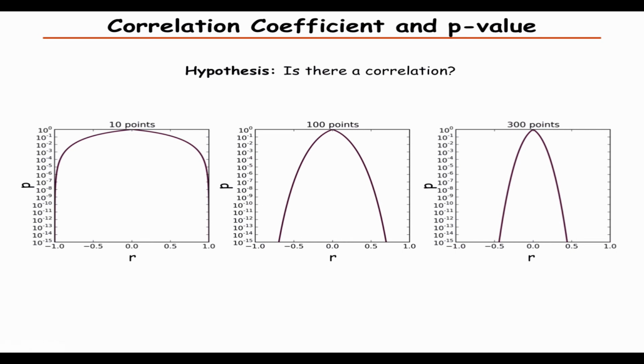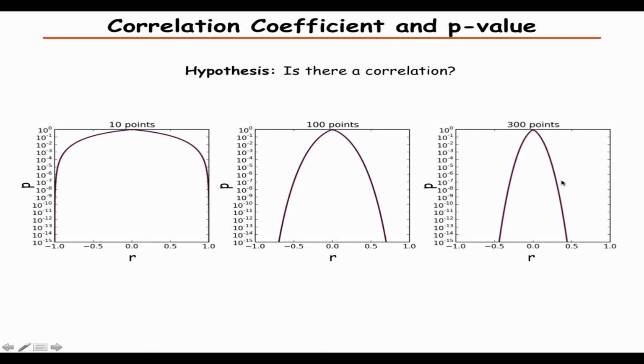So we would have to go to quite a high correlation coefficient before it becomes a significant correlation. Now, if we go to 100 points, then a correlation of 0.5 would be approximately a p-value of 10 to the minus 7, which is highly significant.